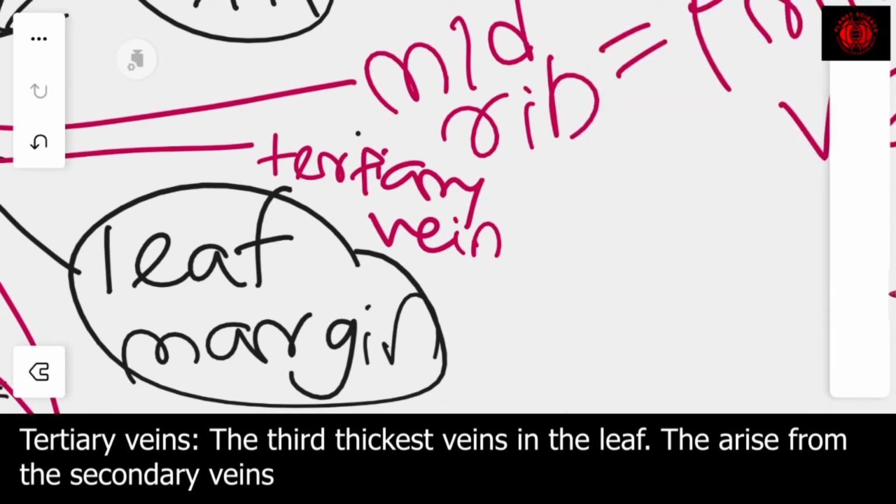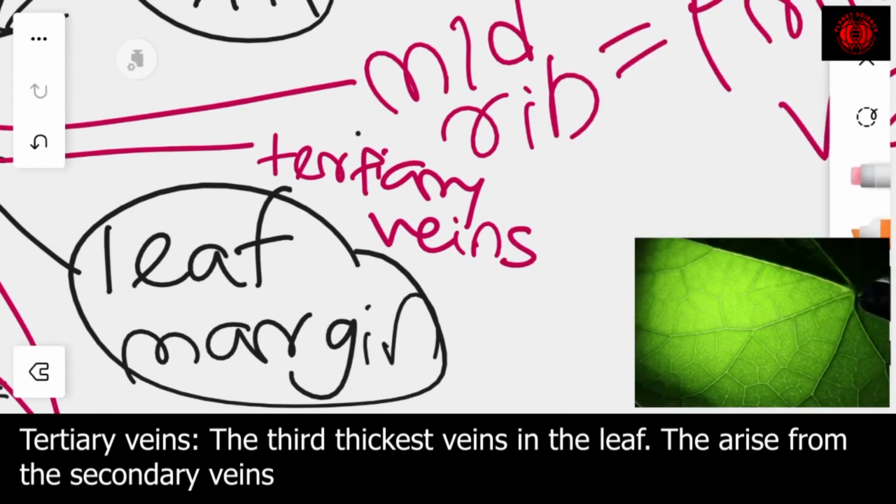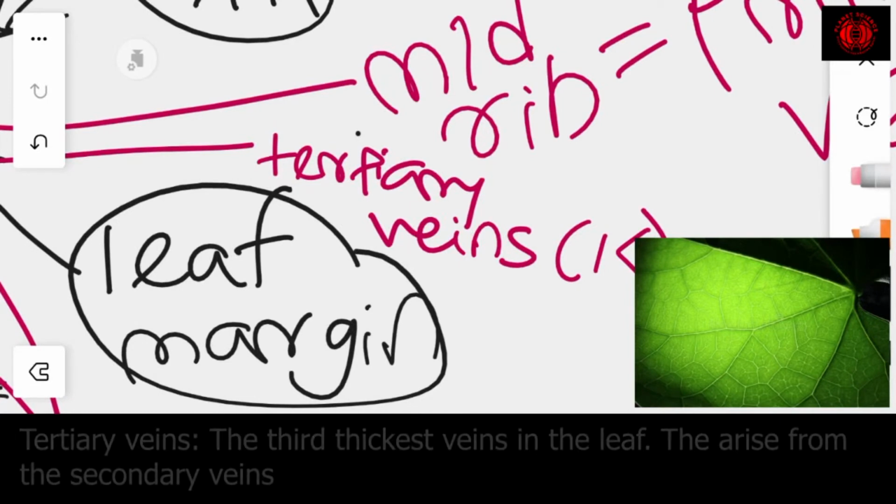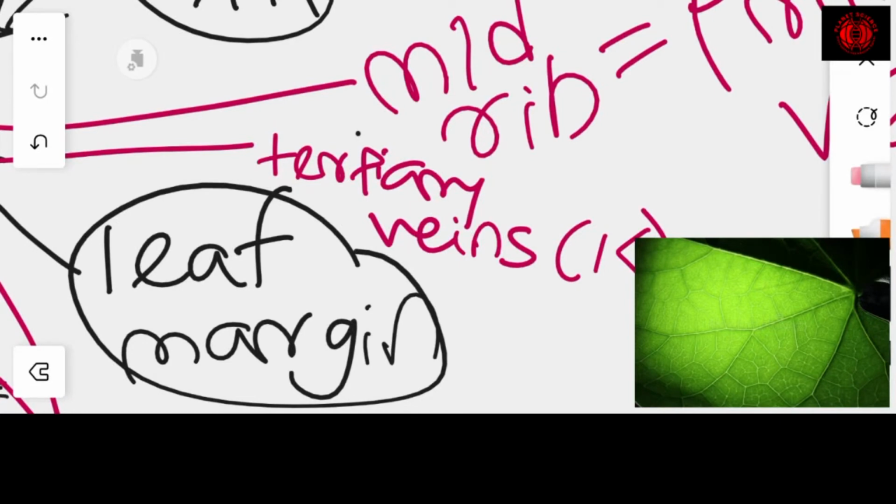Also, we have more than one tertiary vein per leaf.